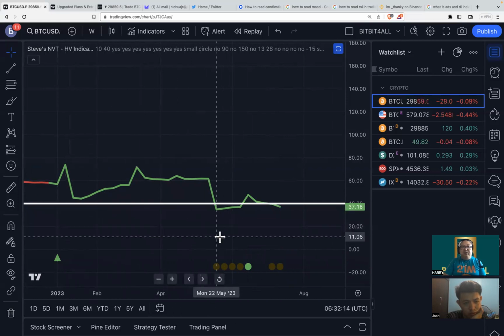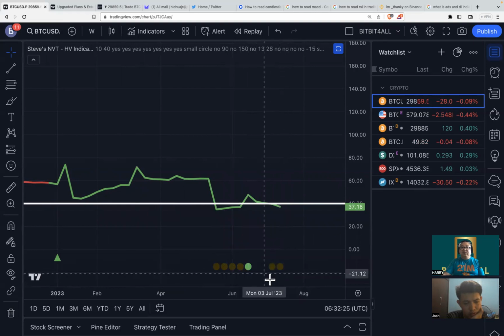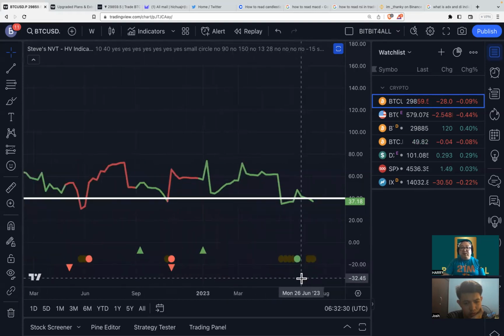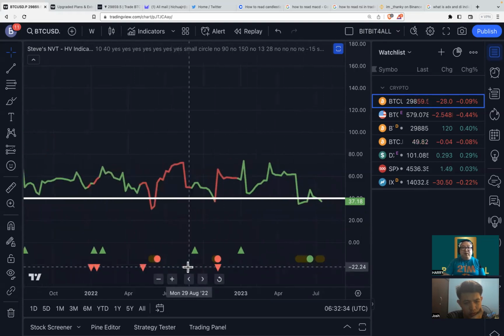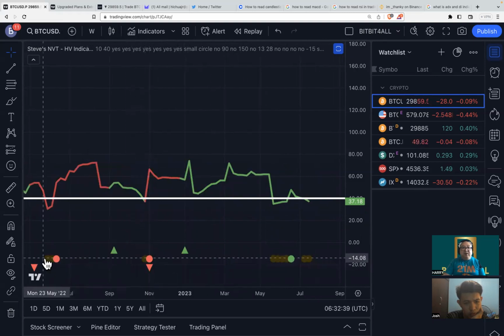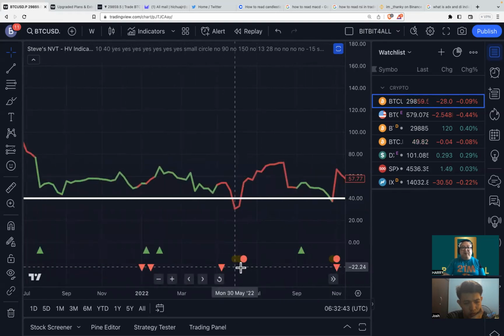Then in May, from 23,000 all the way to 30,000, June 19. These big movement signals only come once in a while, says Steve. The last one was in October last year, in May last year. But it was followed by red, meaning bad.